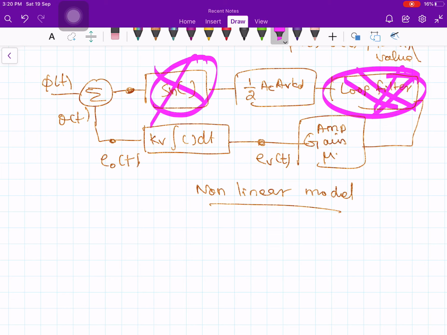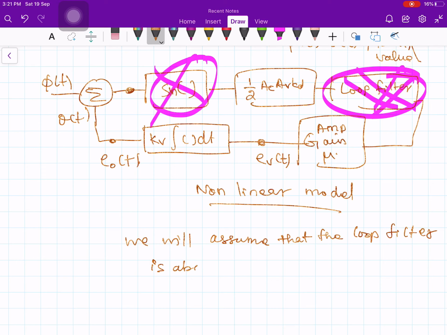Okay, my next assumption, let me state this assumption. We will assume that the loop filter is absent, so first order loop.